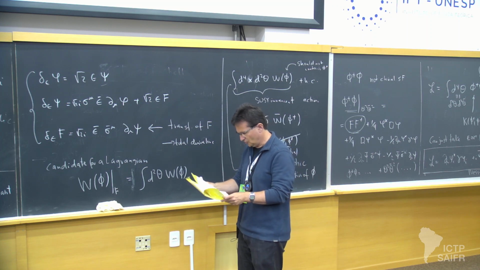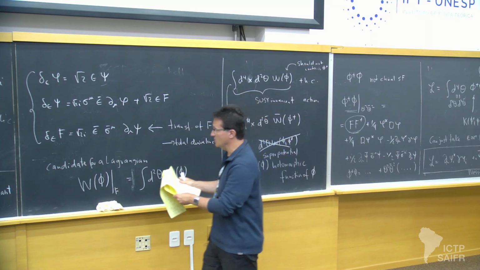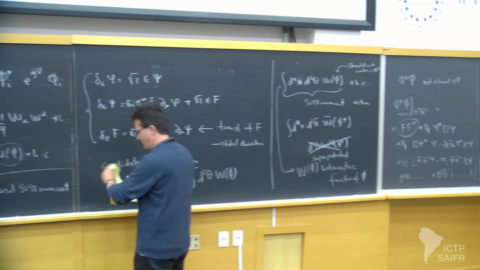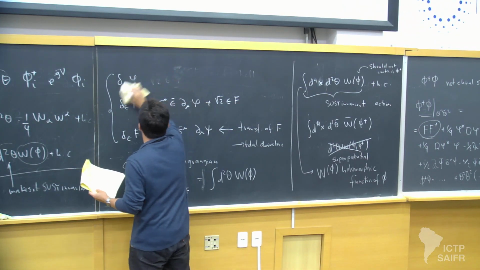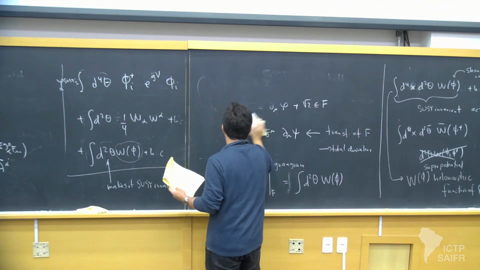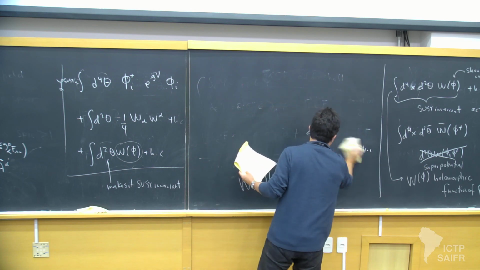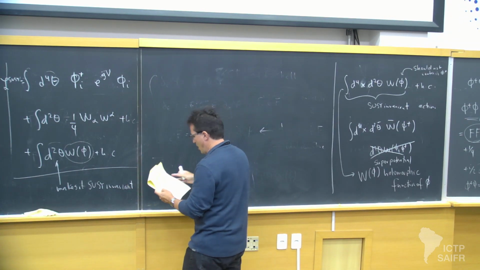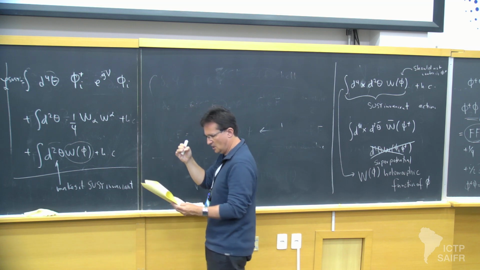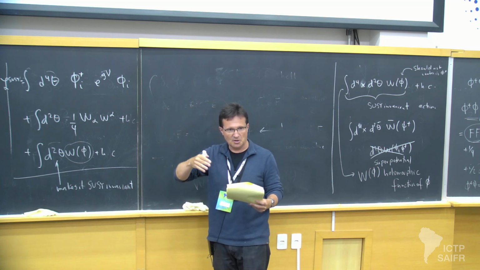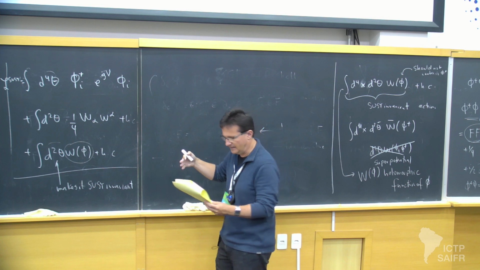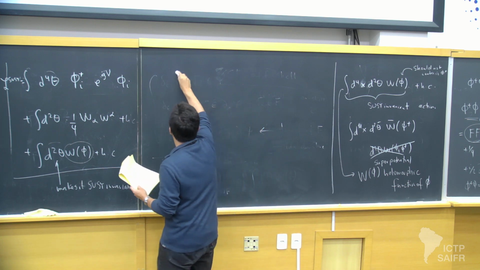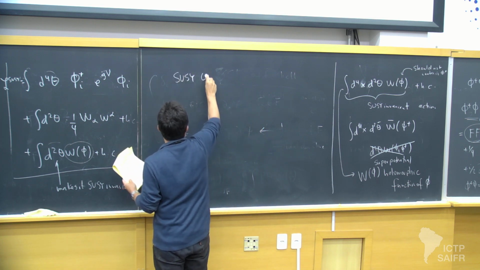Okay, very good. So we'll do this example for QED, and then we'll go to the standard model. How would I write QED? This is just to get the first idea. What would be a supersymmetric version of QED?